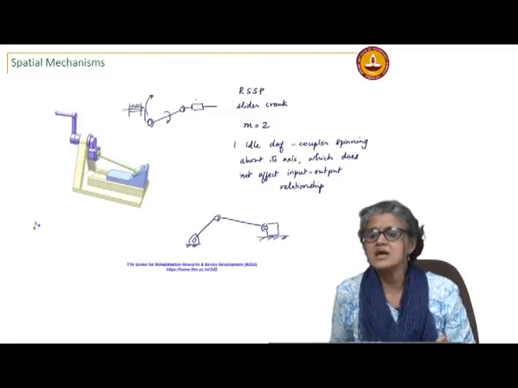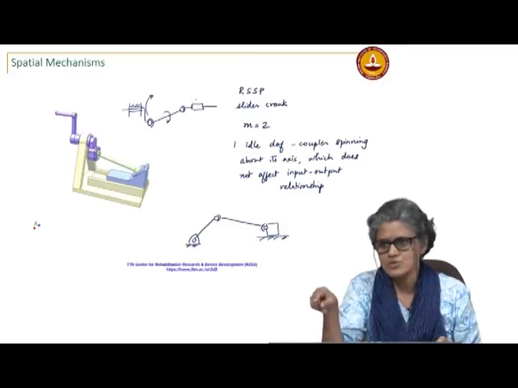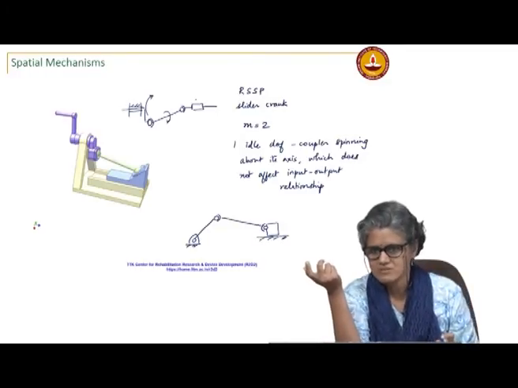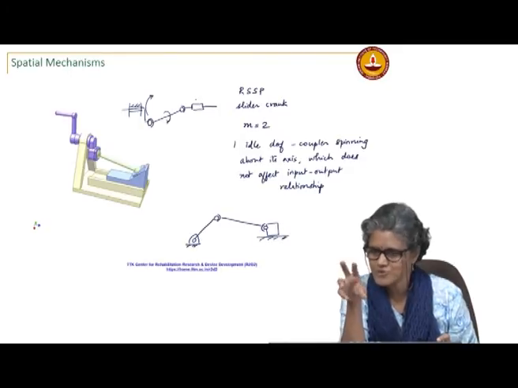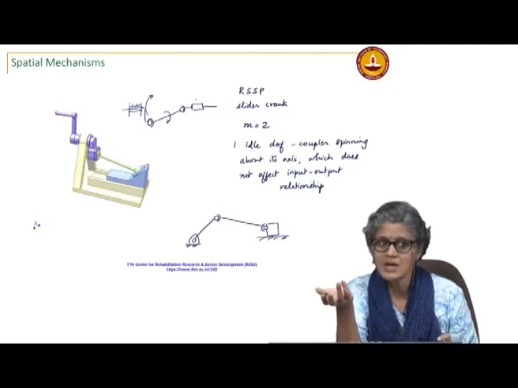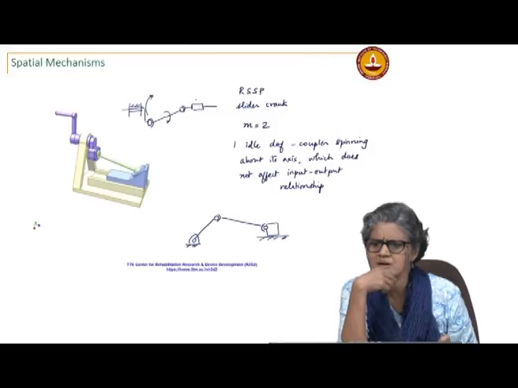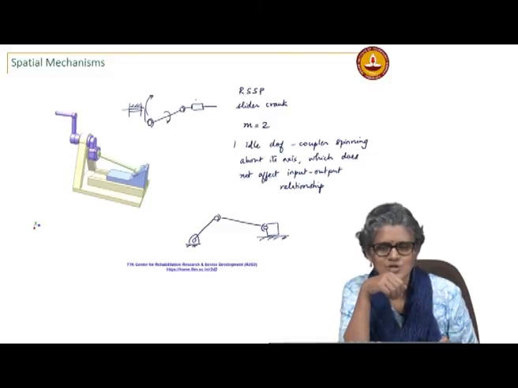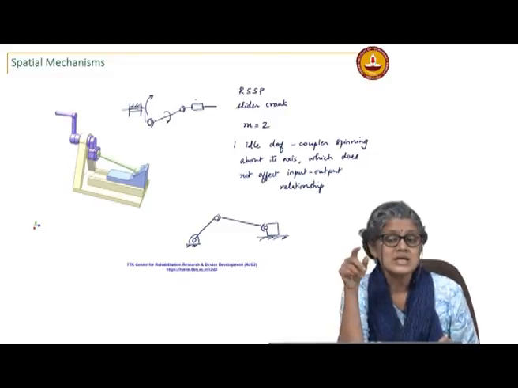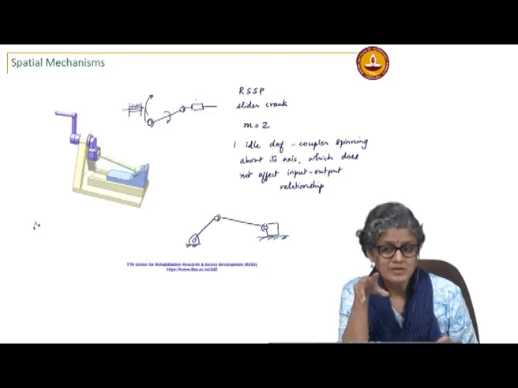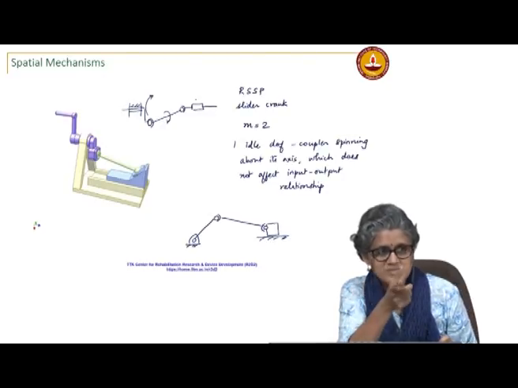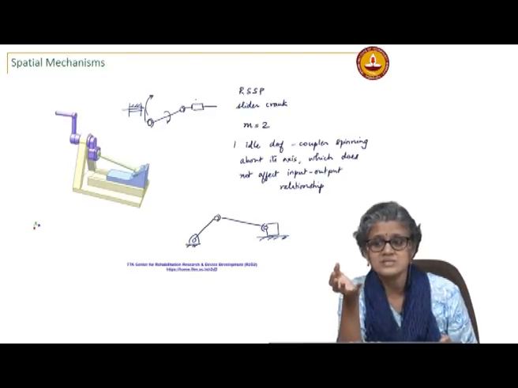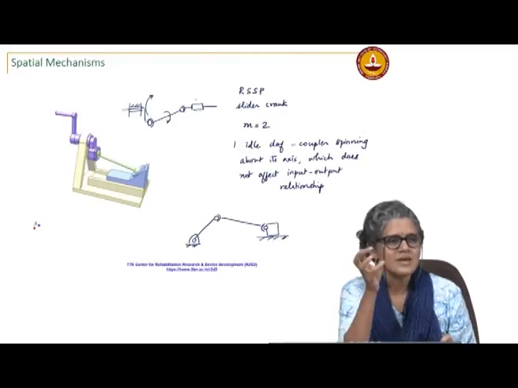See, you could still have a 3-link mechanism in 2D when you have a pin in a slot. If you have a higher pair, for instance a cam and follower, that is a 3-link mechanism, and it is a planar mechanism. When we talk about the mobility Grubler's criterion, we say specifically that it is for simple hinge joints.